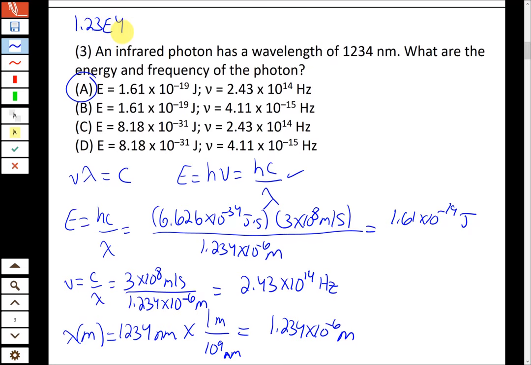If they asked you to type the number in, for example, I don't think we usually do it for negative exponents, but if we did, you would write the energy as 1.61 E minus 19, and then nu would be 2.43 E14. So that's one format that we can ask you to write numbers in Blackboard.